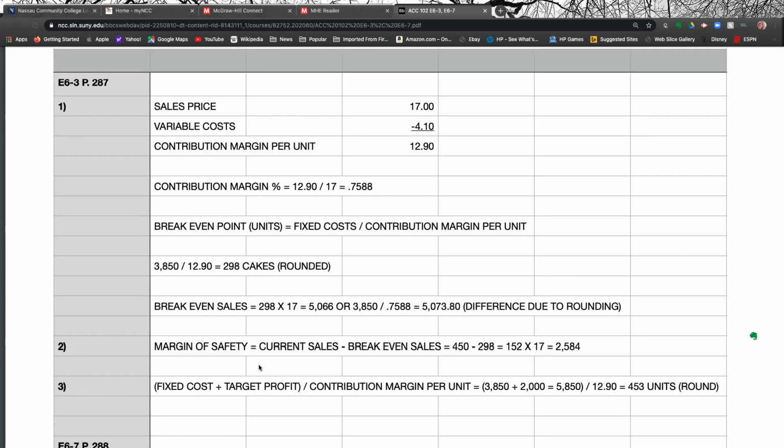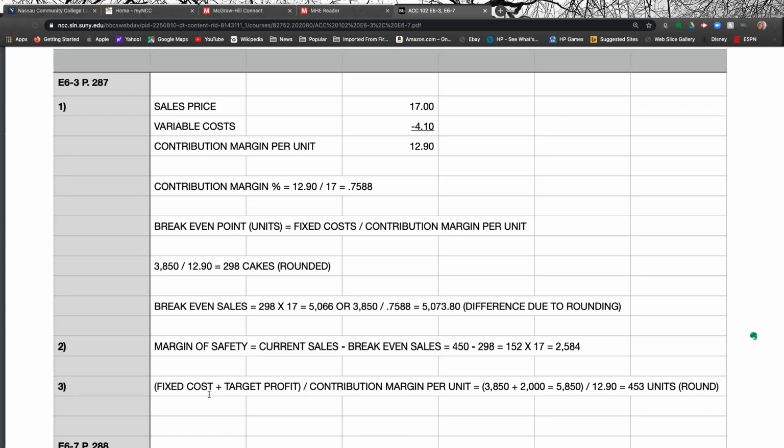Right, now target profit, that's the last one. To calculate target profit, we need to take the fixed cost and add the target profit and divide it by the contribution margin per cake. So the fixed cost of $3,850, the target profit was $2,000. If I add those two together, it comes out to $5,850.